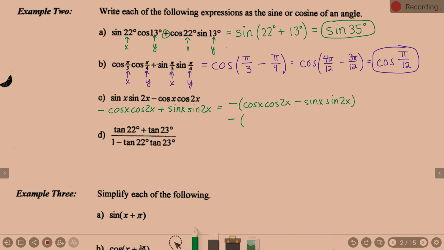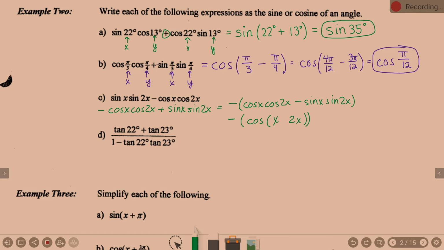Keeping my negative out front, we already decided this is cosine. Cosine of what? What are my x and y values? In the variable positions, I know it's weird, but it is x and 2x. Final trick question: am I adding or subtracting x and 2x? You're adding.